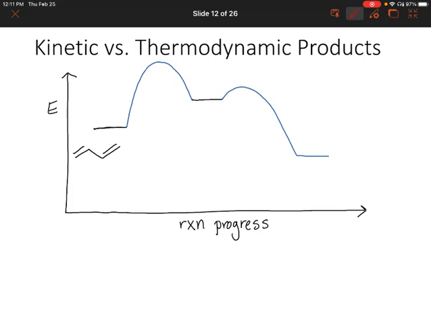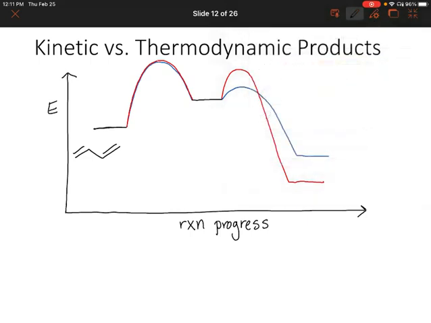Now, the first step in that one is the same. So that's going to follow the same energy pathway. But in the second step, when we add the bromine, now that activation energy is going to be higher, but the product is going to have a lower energy, or it will be more stable.